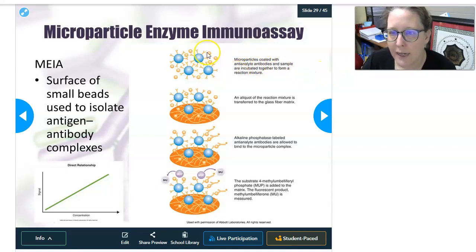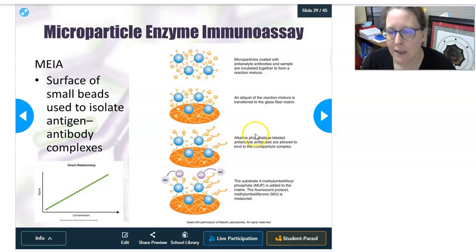Okay. And they're incubated with the sample, and the sample provides the analyte, if it's there, to form a reaction. Then part of this mix of reagent and sample will be picked up and transferred to a glass fiber matrix, which will trap these microparticles.